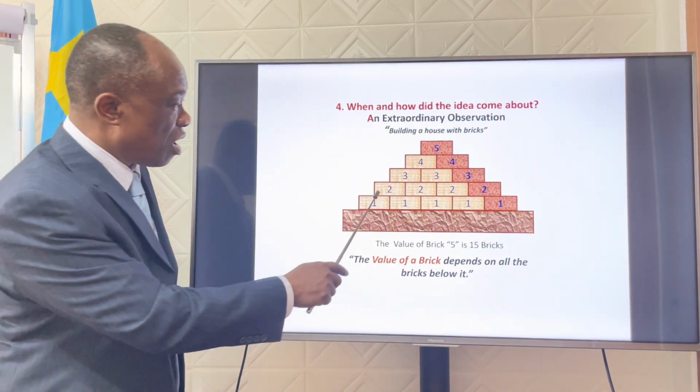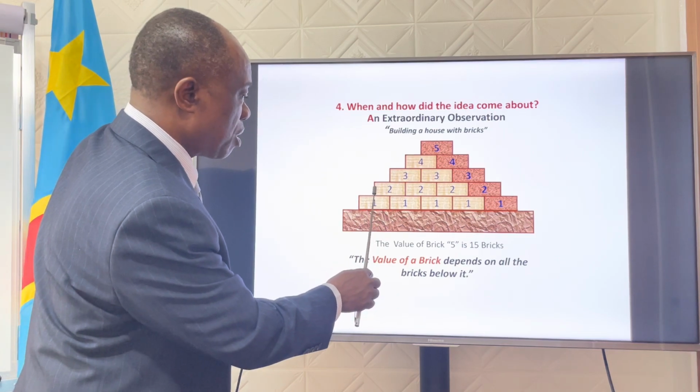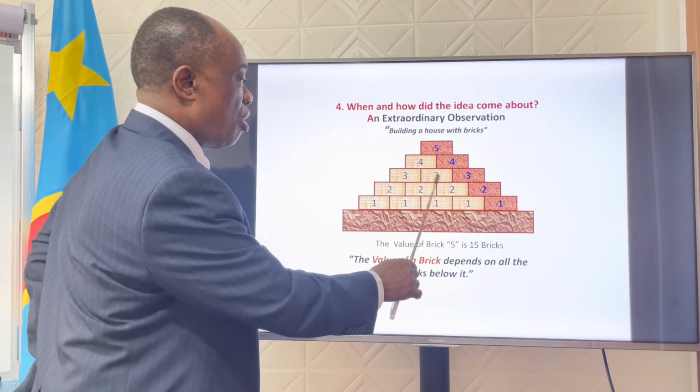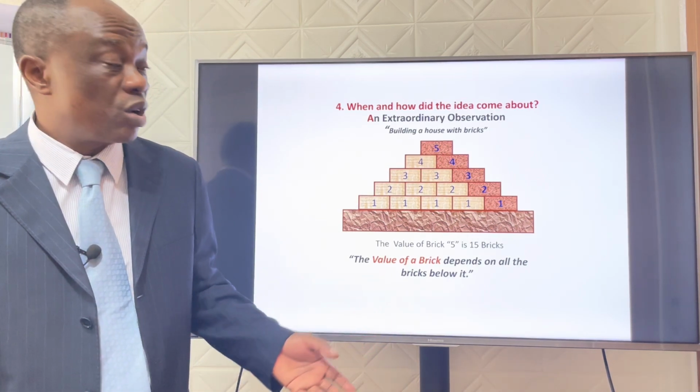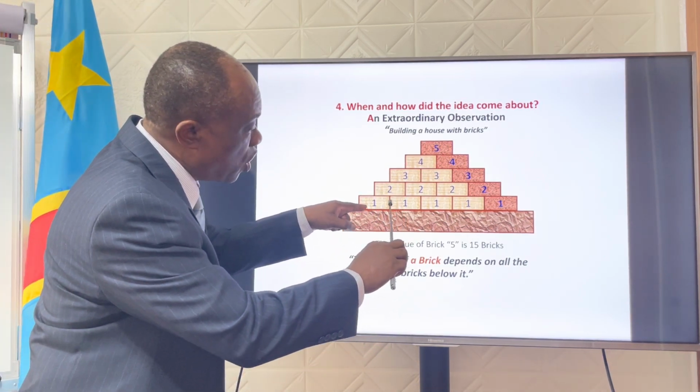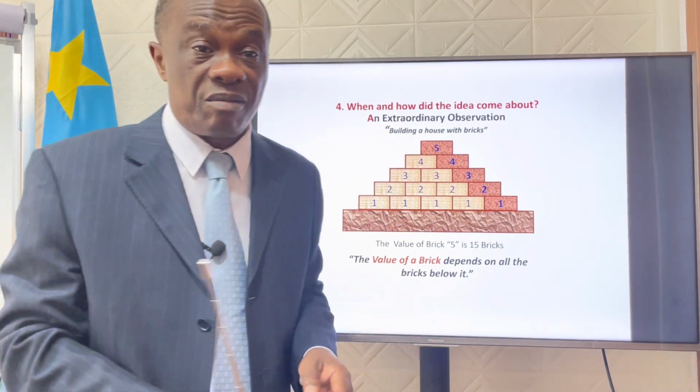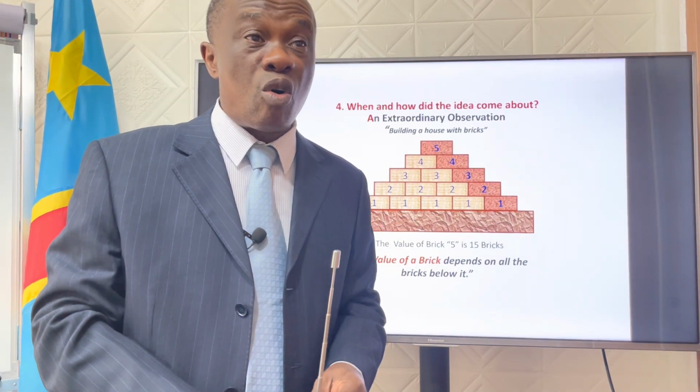If it is on this row, second row or third row, it will have a different value because the number of bricks below it is very different. So all the bricks do not have the same value.